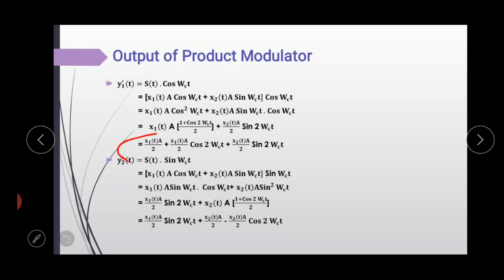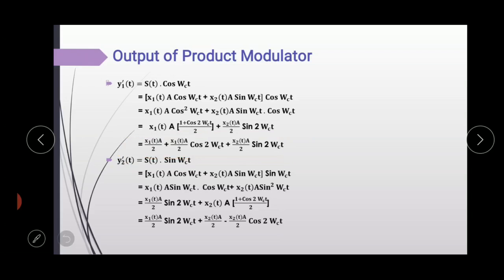So here is the final equation of product modulator 1, that is x1 of t A by 2 plus x1 of t A by 2 into cos 2 omega ct plus x2 of t A by 2 sin 2 omega ct.